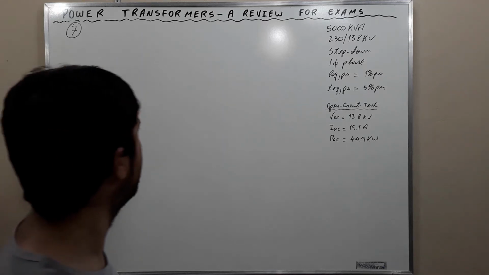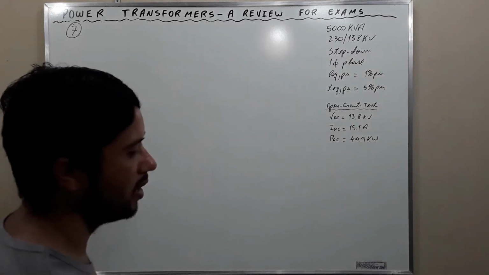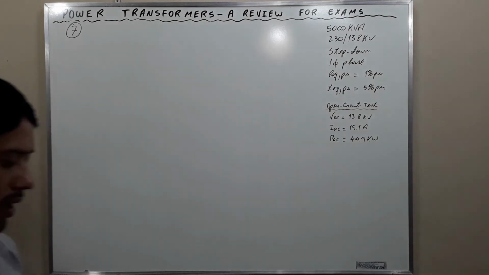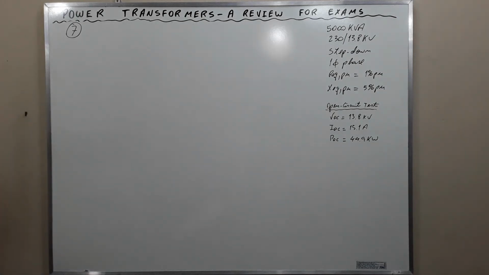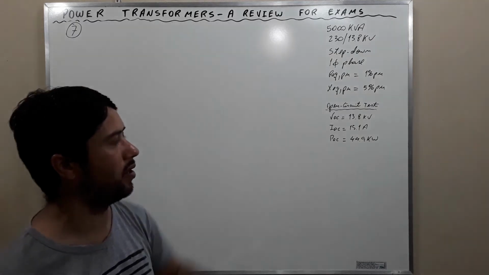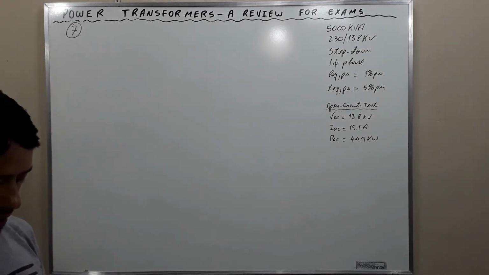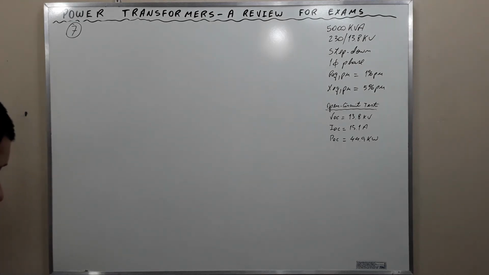Okay, my friends, this is the exercise. Let's go to the solution. Letter A wants us to find the equivalent circuit referred to the low voltage side. And to do this, we need to use this data furnished by the exercise. Let's go, letter A.